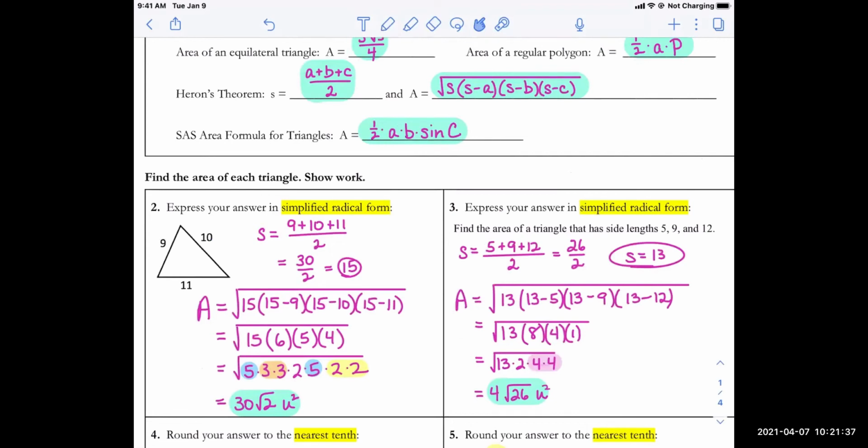And again, down here, I'm breaking each of these numbers into its prime factorization so that I can pull out numbers without having to factor a big number. But if you want to multiply that and then break it down, you can do that. To me, it's just easier to go ahead and pull out the 4 here. And then I just have square root of 26. Questions on those two?